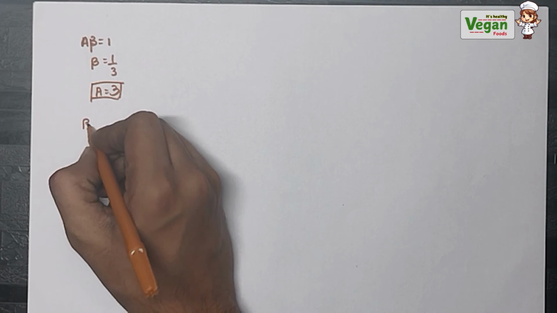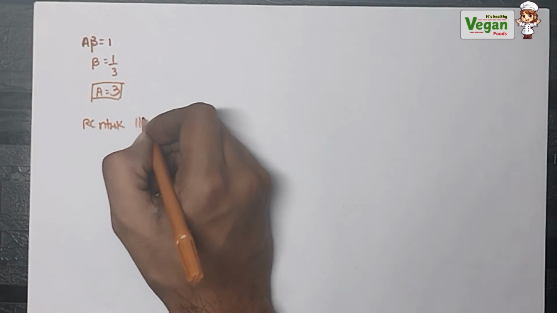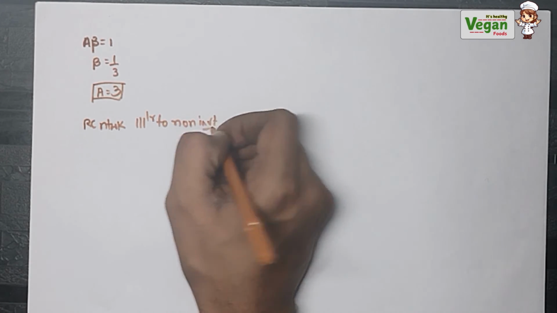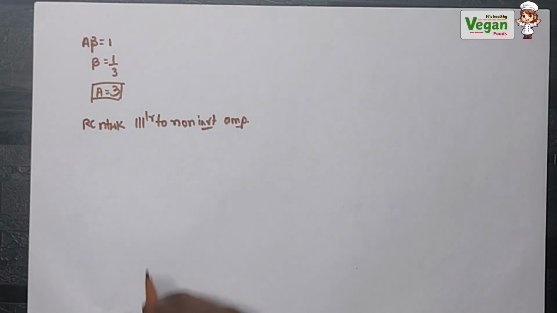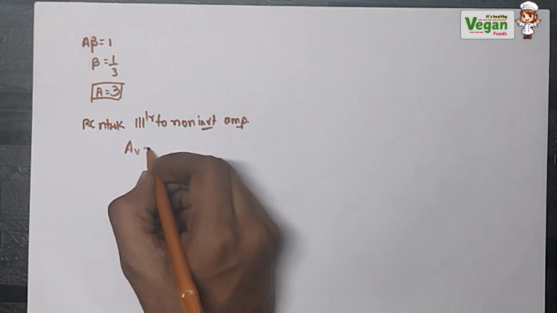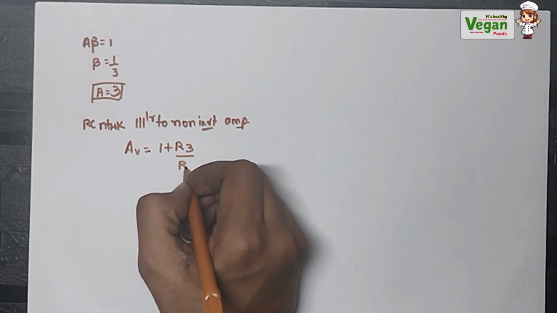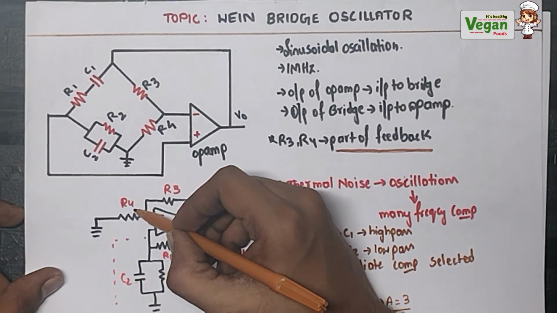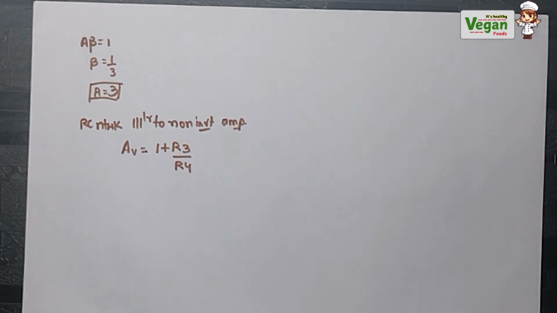In a non-inverting amplifier, we have discussed that the voltage gain AV is equal to 1 plus R3 divided by R4, using the feedback resistances R3 and R4.